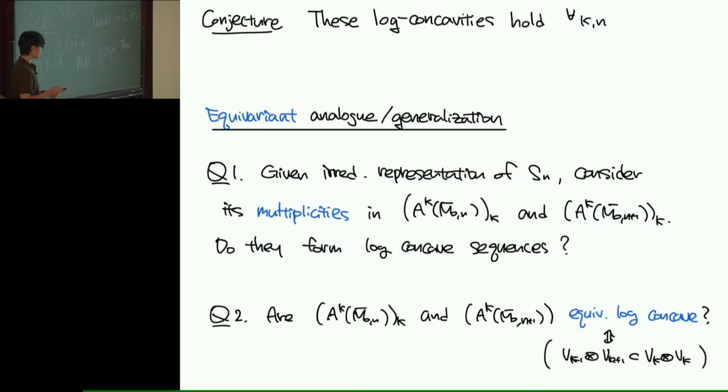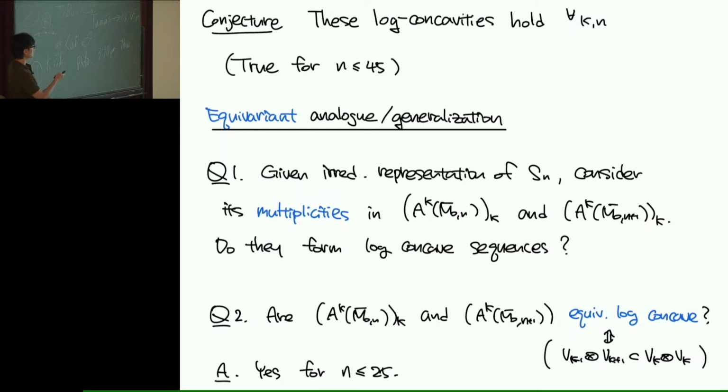There is an equivalent version, the representation-theoretic log concavity, which means that if you tensor the k minus 1 piece and the k plus 1 piece, then it is a subrepresentation of the square of the kth piece. We checked that this holds for n up to 25. This is a really big number. And also for the invariant part, we checked that this is true for n up to 45.